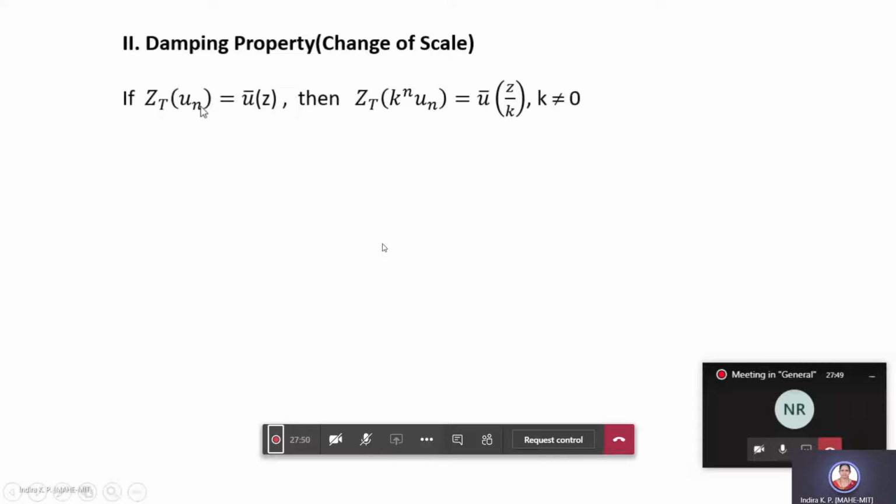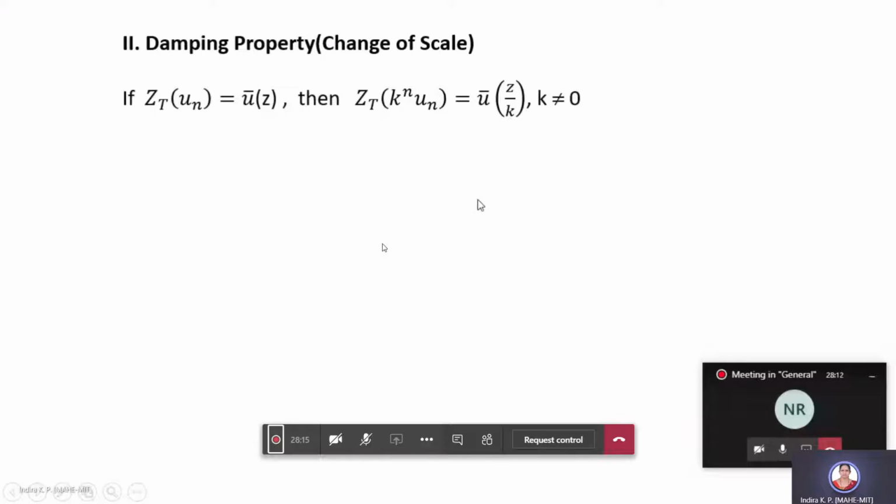If the z transform of a sequence u is u bar of z, then to find the z transform of the sequence where the nth term is multiplied by k to the power n, you don't have to again evaluate the infinite series. What you have to do is simply wherever there is z, replace it by z by k.